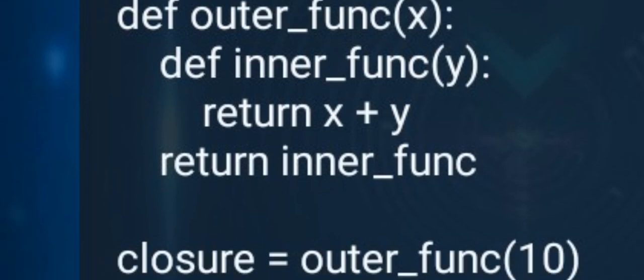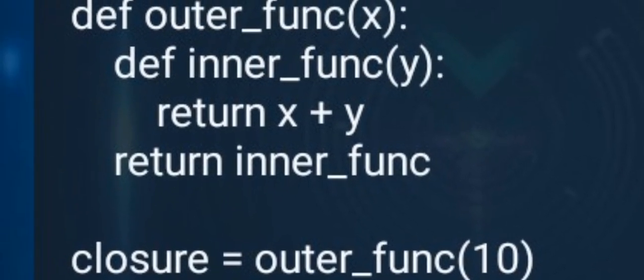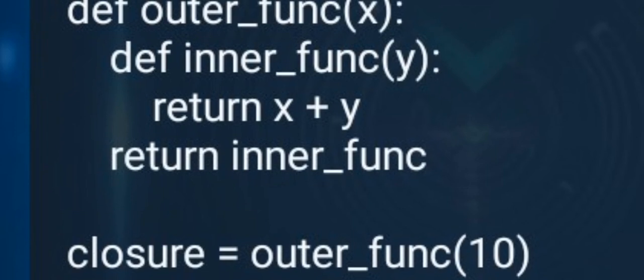Okay, so let's look at the last lines we have here. We call the outer function and pass to it as an argument the number 10, and I have said that the outer function returns the inner function. That's all it does.